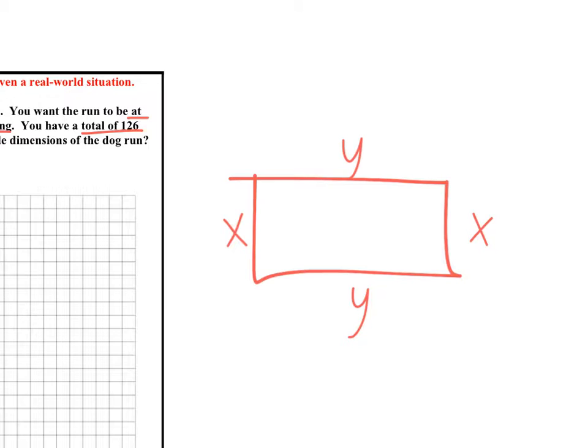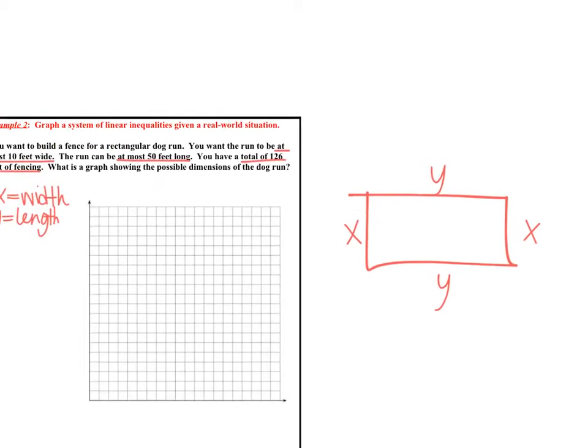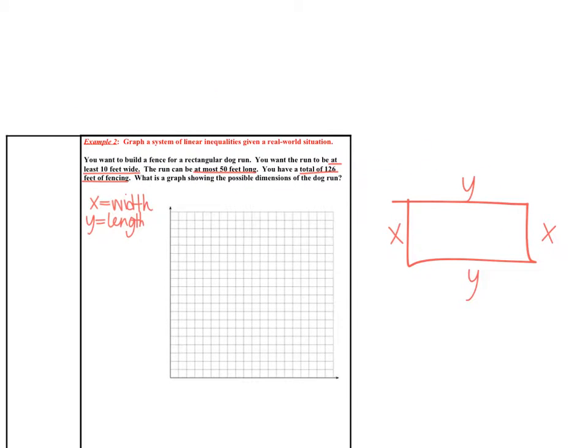Okay, let's write some inequalities. You're actually going to have 3 inequalities for this one. Okay, you want the run to be at least 10 feet wide. And we have an idea for what I should write. The run has to be at least, which means it could be more. We want it to be at least 10 feet wide.